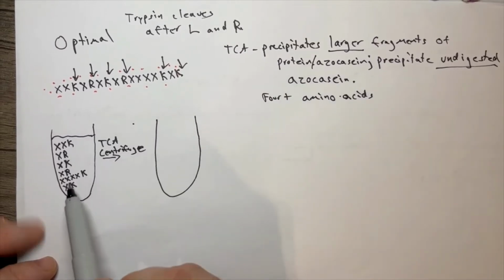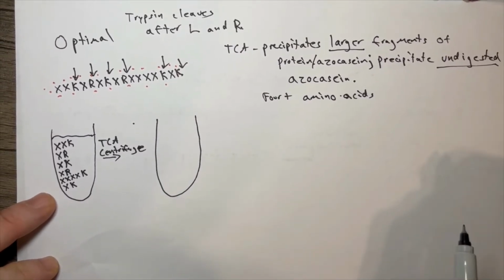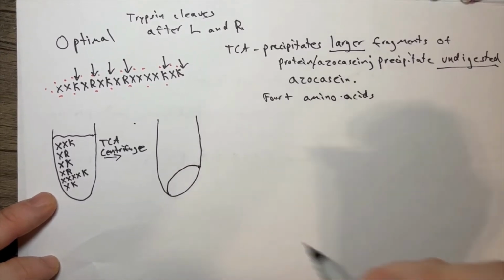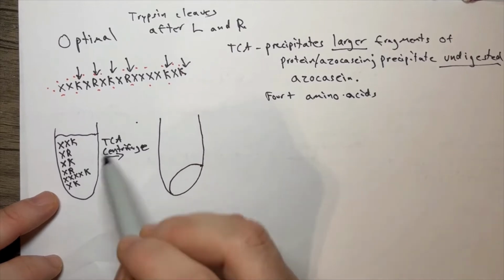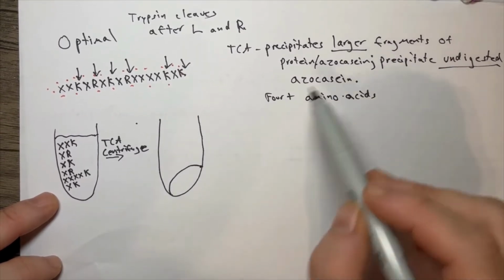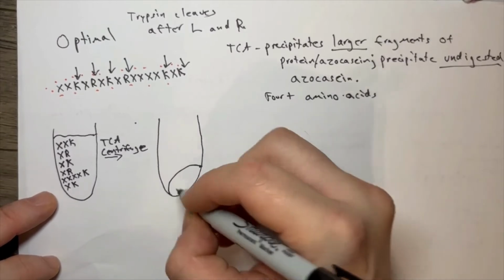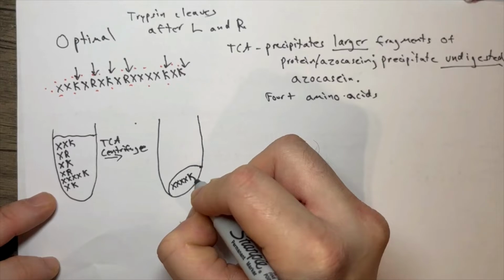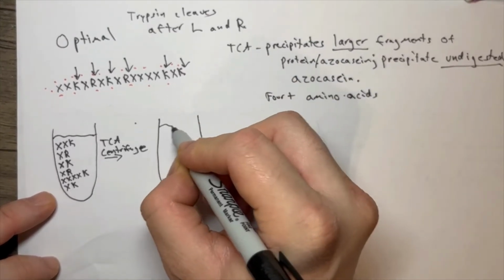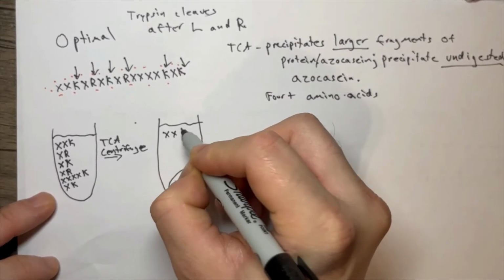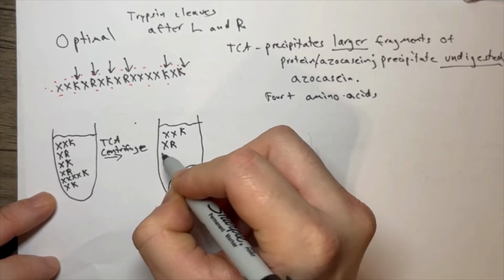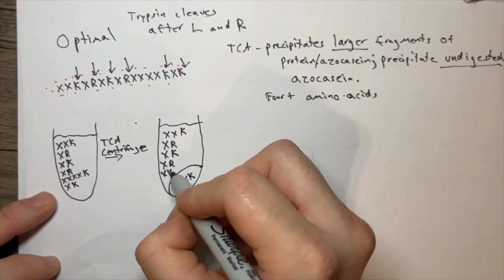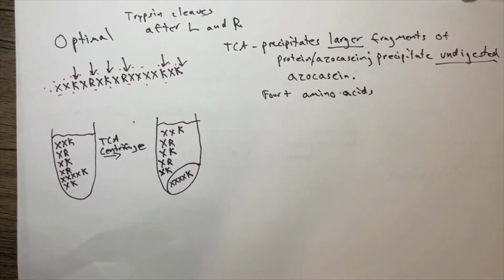Remember, this larger fragment is going to be solid now, which lets us centrifuge it out into the pellet. So there's going to be a pellet. TCA is going to make this solid, or precipitate it into solid form. We'll centrifuge it, and that will end up in the pellet. Whereas all the other fragments, and that XK at the bottom, they'll remain in the supernatant.